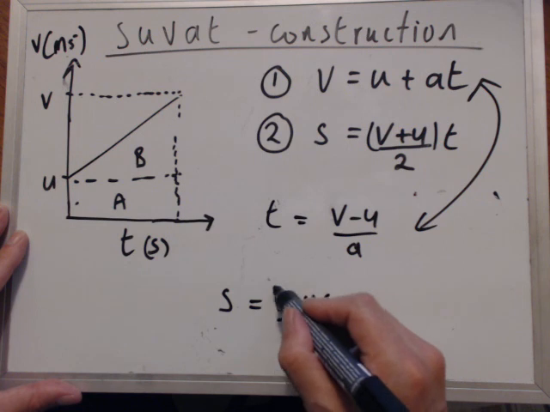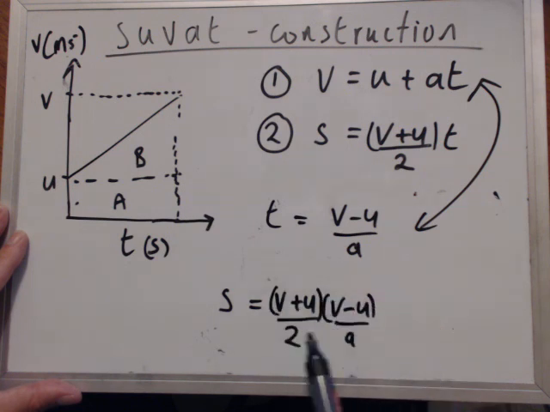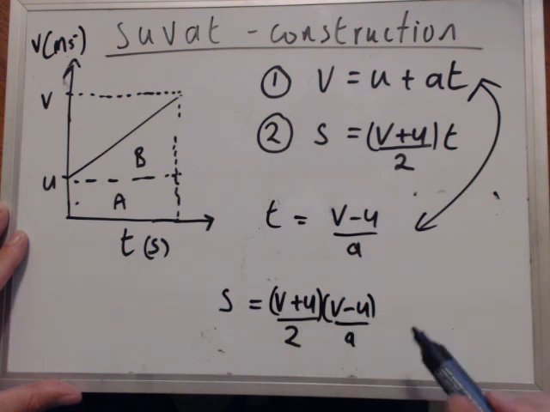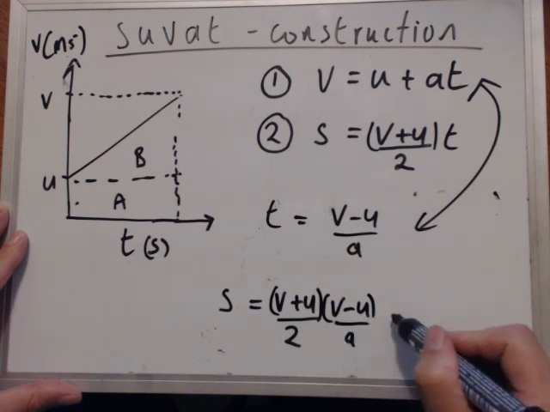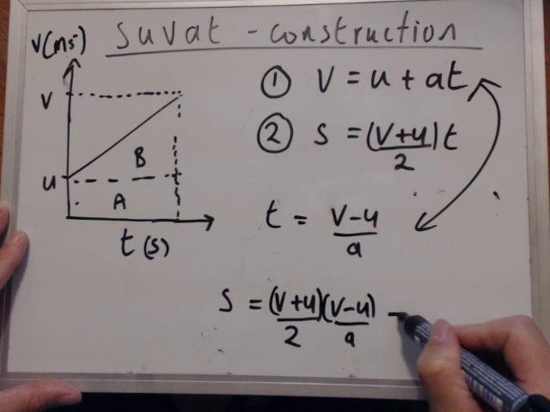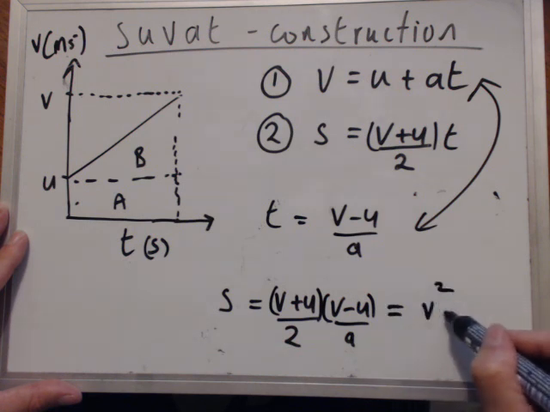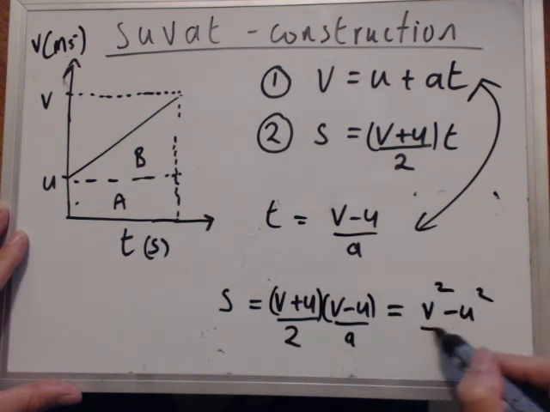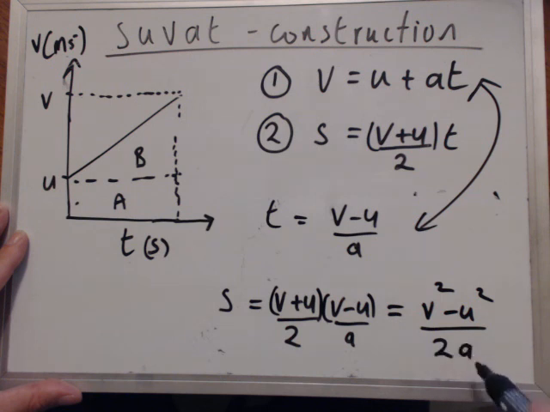Now, if you're familiar with mathematics yet, that is the difference of two squares, because v plus u times v minus u is equal to v squared minus u squared. So that becomes v squared minus u squared over 2a.